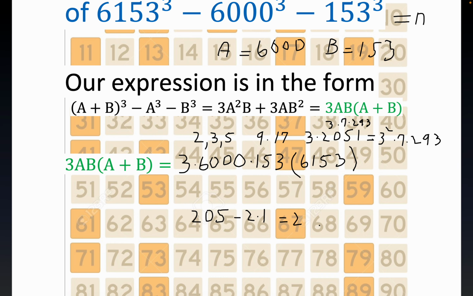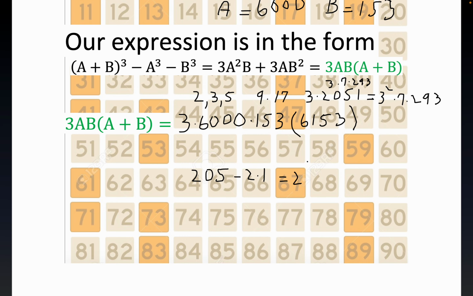Okay, but 203, what does that equal to, folks? Is that a multiple of 7? I hope so. Now 7 times 20 is 140. So this is equal to 7 times, let's see, 29, right? Yeah, 7 times 29. So this is where the 7 came from, okay?